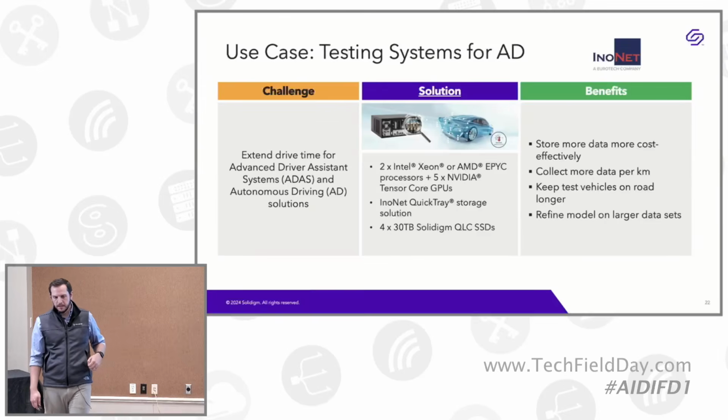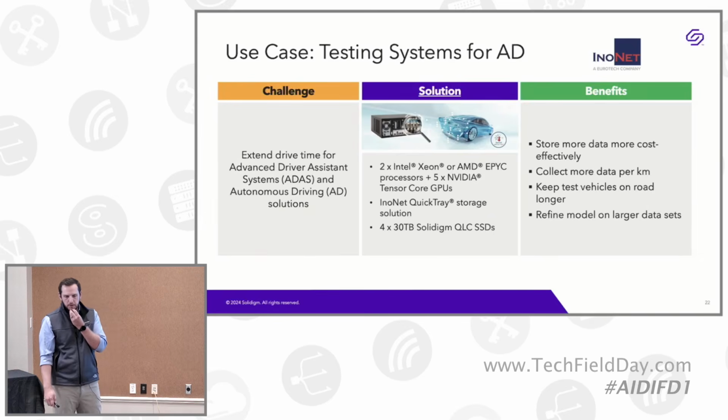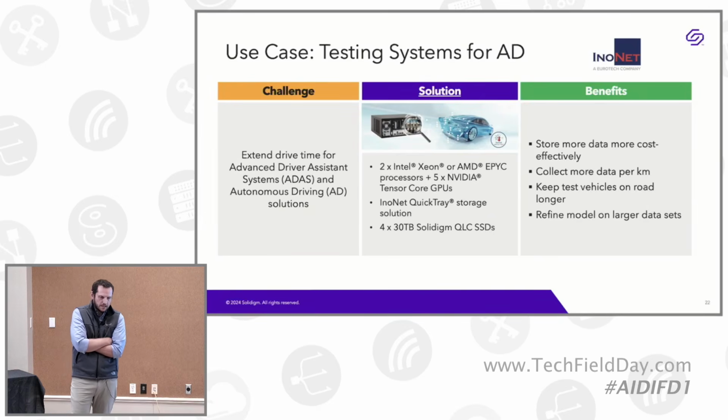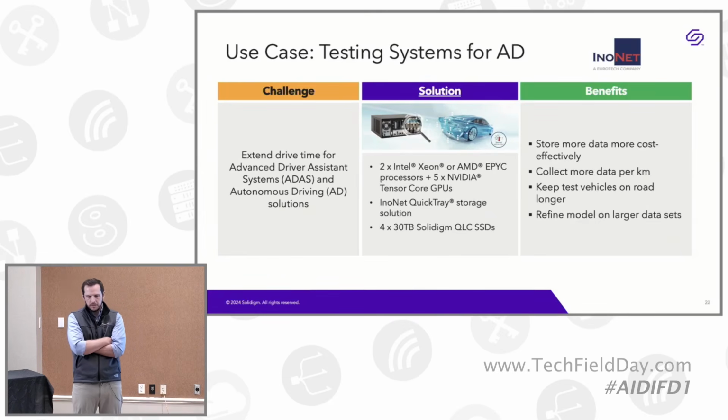This is the second edge use case that I want to spend just a minute on. And then I'm going to hand it over to Manzoor to talk to you about some TCO topics. This is an example where we were working with a customer called InnoNet. And the goal here was improvement of autonomous driving solutions, right? This is a classic example of machine learning. There's lots of life-changing potential in terms of the applications here, but also lots of technical challenges.